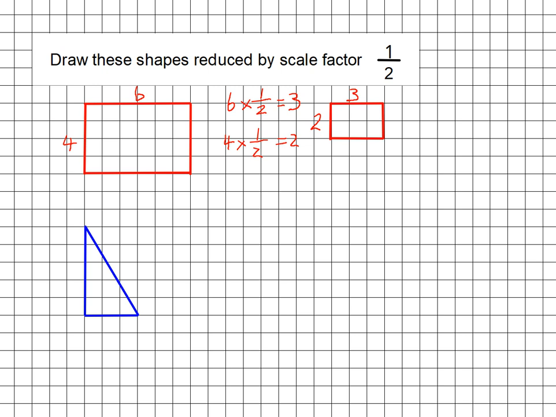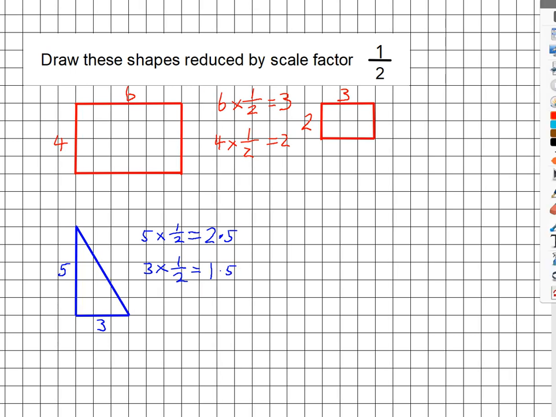Okay, we could do the same with the blue triangle below. 1, 2, 3, 4, 5 along the side, and 1, 2, 3 along the bottom. 5 times a half is 2.5, so I'll just write 2.5. 3 times a half is 1.5.